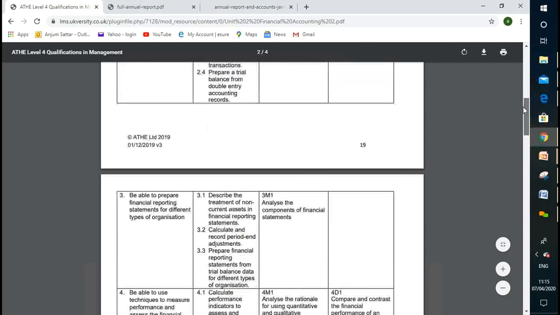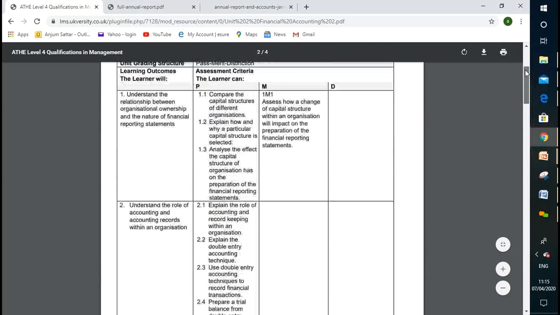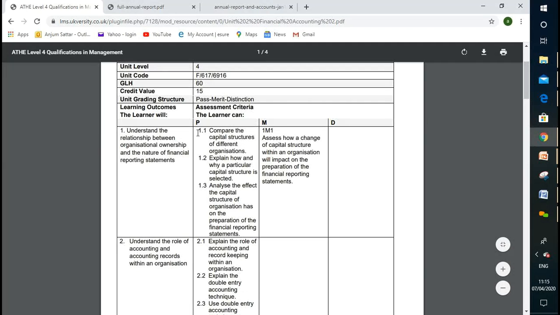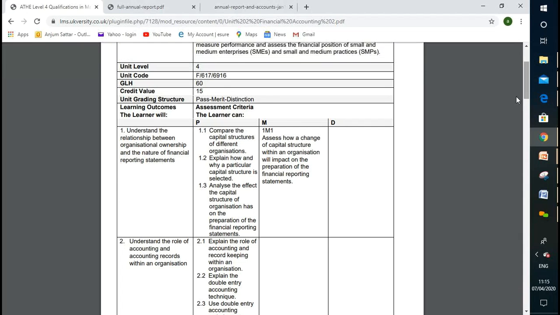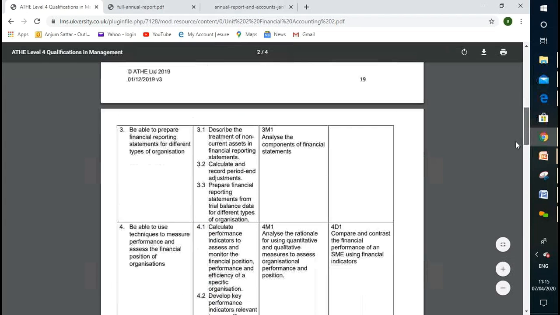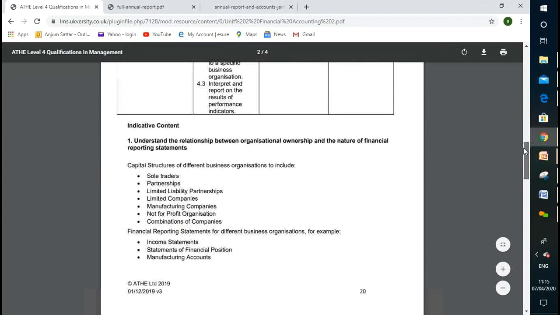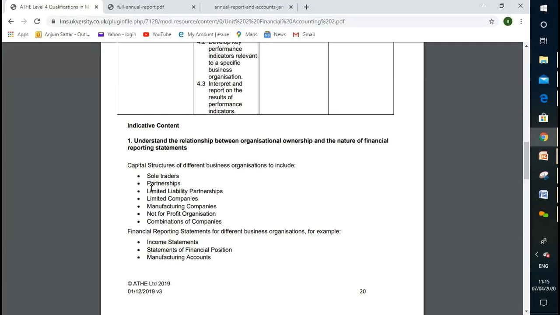We have 4 learning outcomes, and today's lesson covers LO1, which has assessment criteria: compare, explain, analyze, and assess. The indicative content is the capital structure of different organizations, including sole trader, partnership, limited company, manufacturing company, not-for-profit organization, and combination of companies.